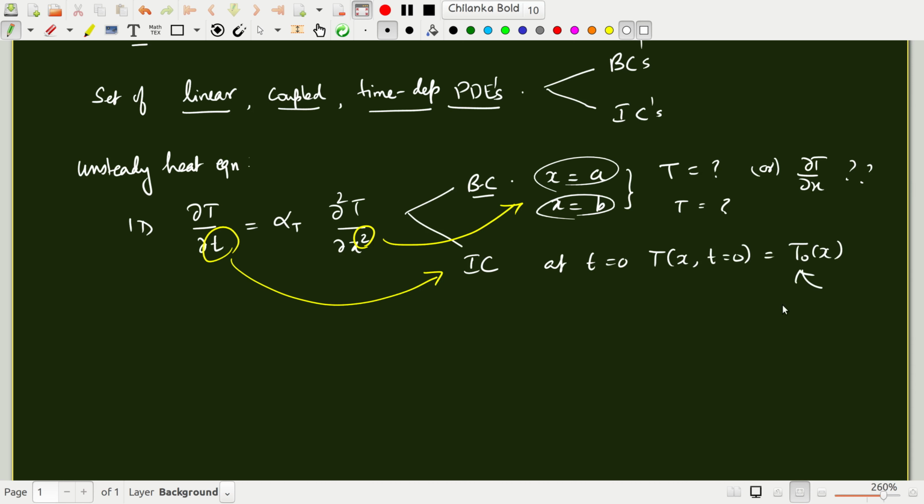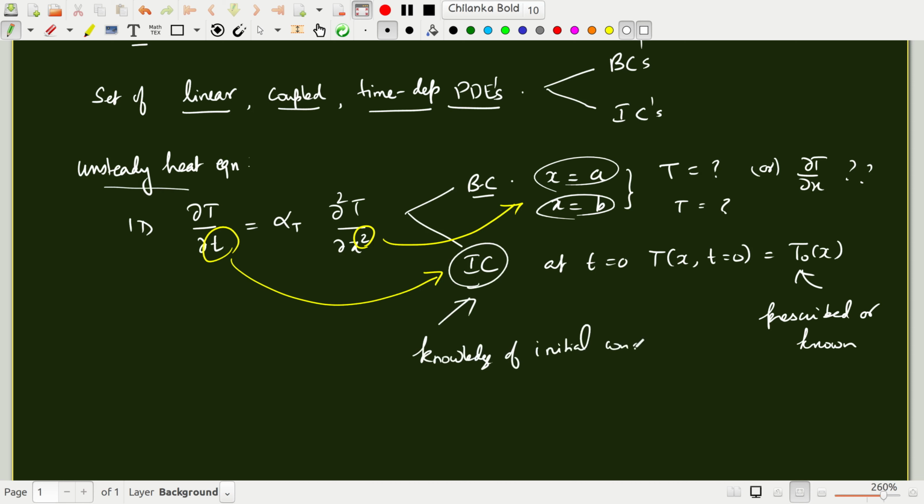So this has to be prescribed or known in order for you to solve this unsteady heat equation. So knowledge of the initial condition is a must. Initial condition is necessary to solve a linear PDE or even a nonlinear PDE.